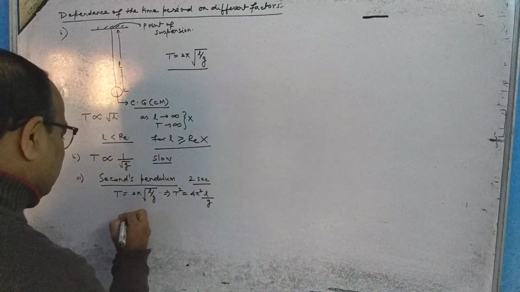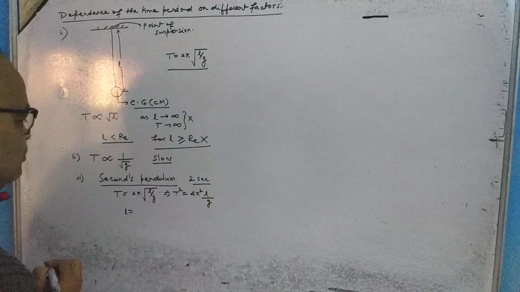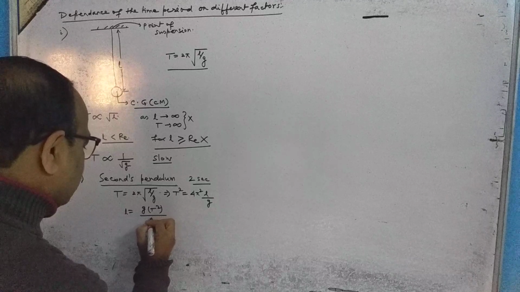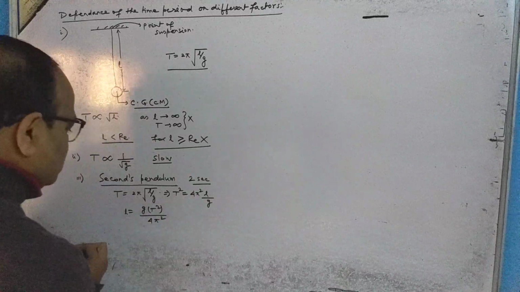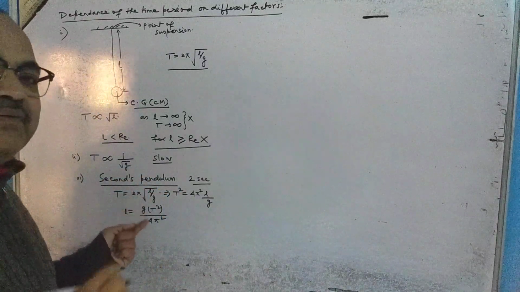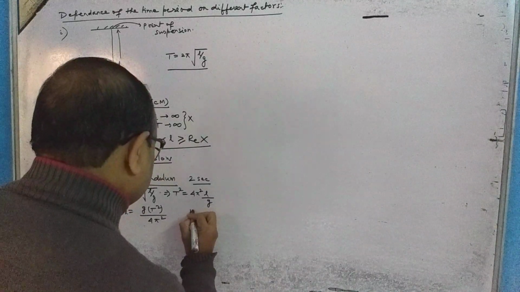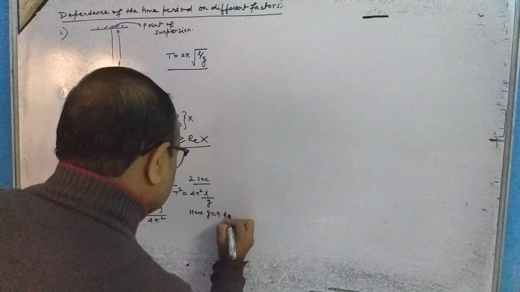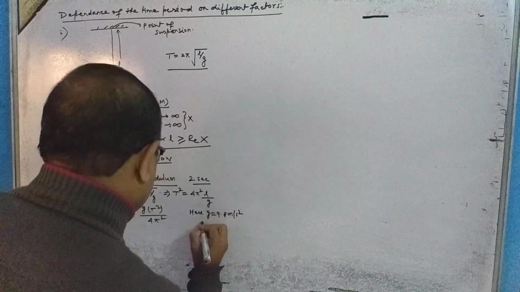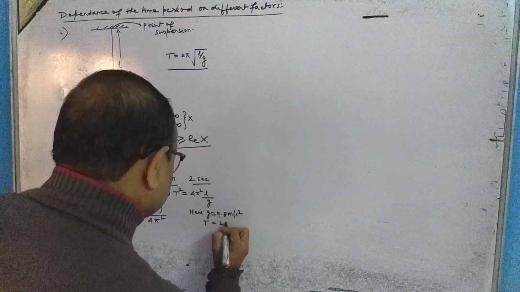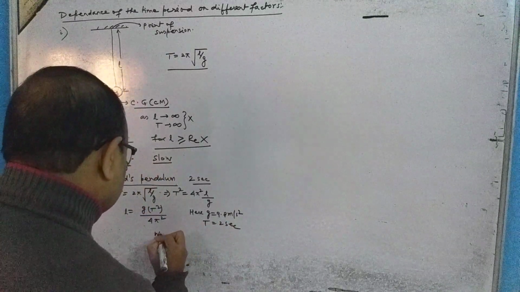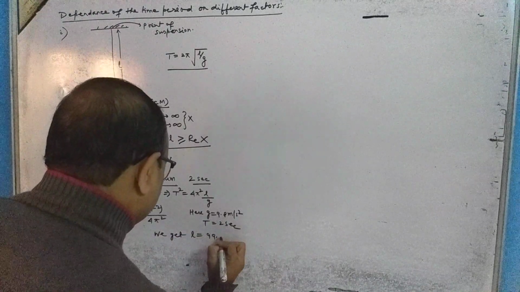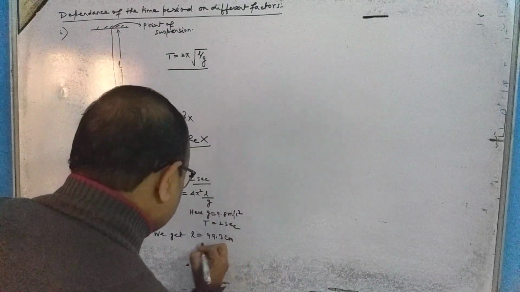So what is L? L का वैल्यू क्या होगा? g T squared divided by 4π². Putting all these values, g is 9.8 meter per second squared, T is 2 seconds, we get L to be equal to 99.3 सेंटीमीटर.